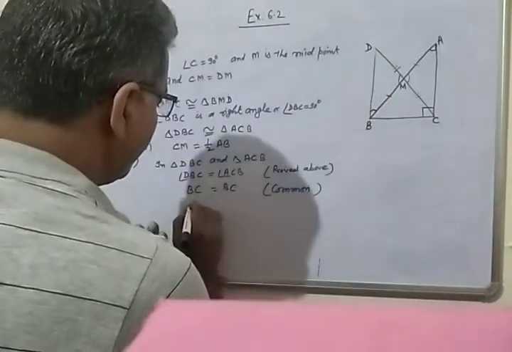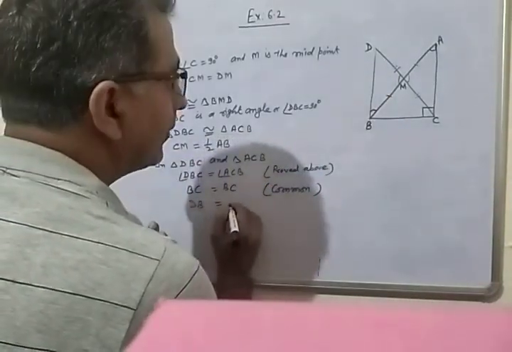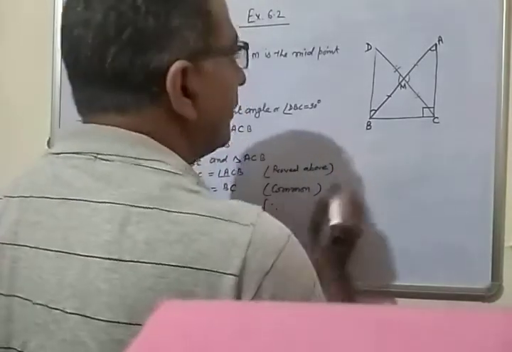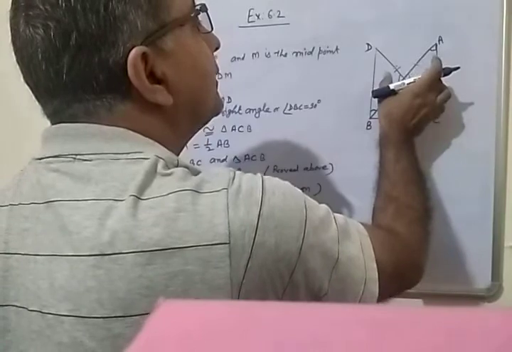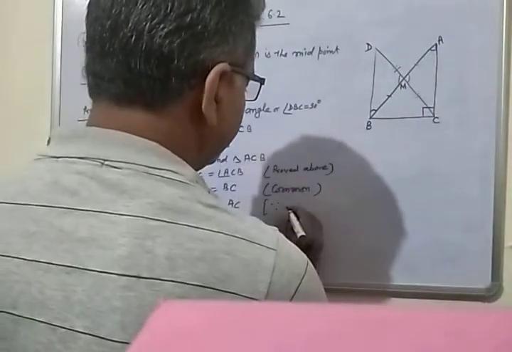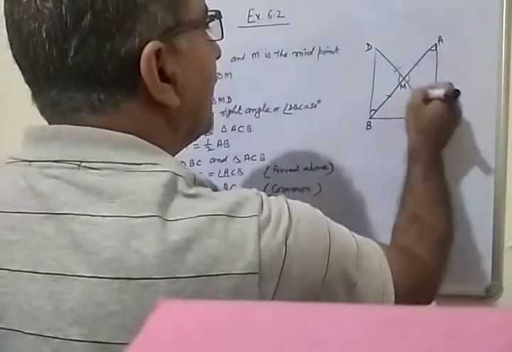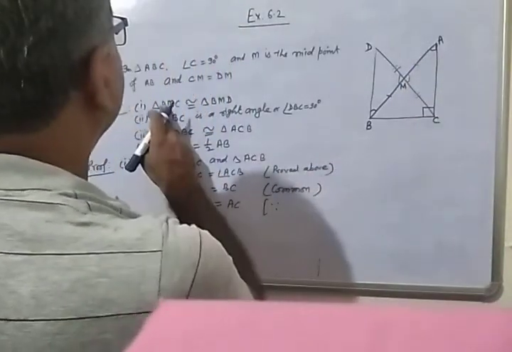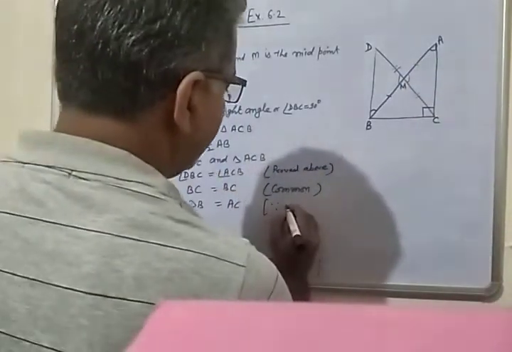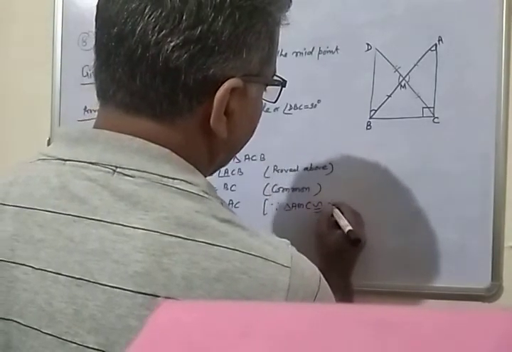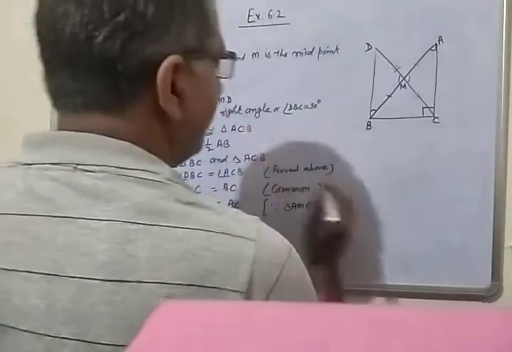DB will equal AC, because we have proved these are congruent triangles, first part, triangle AMC congruent to triangle BMD.